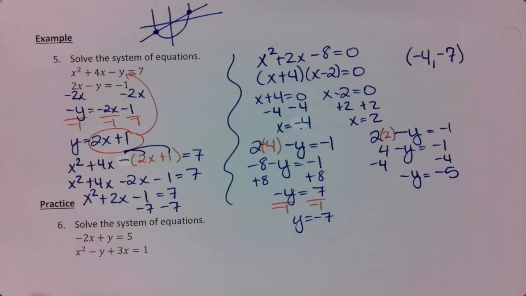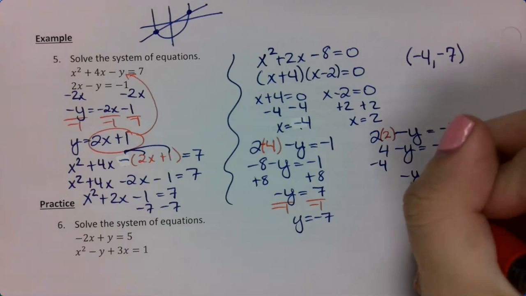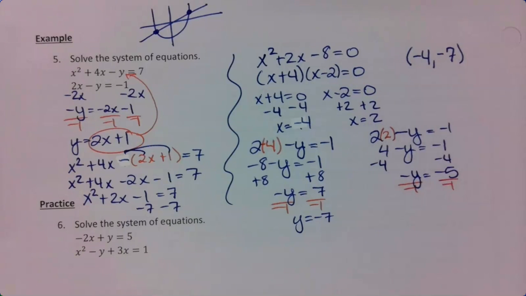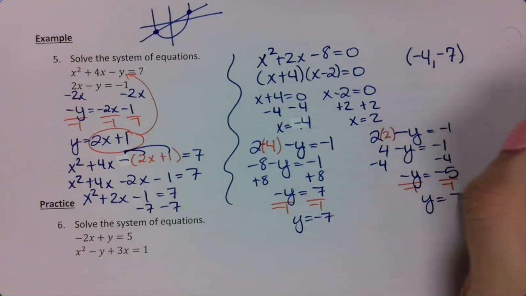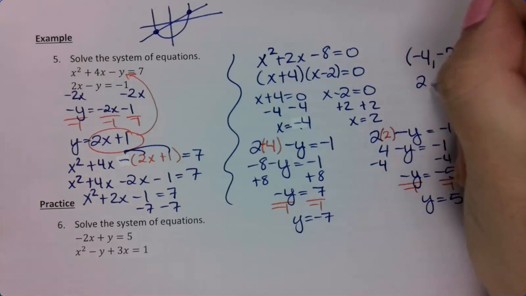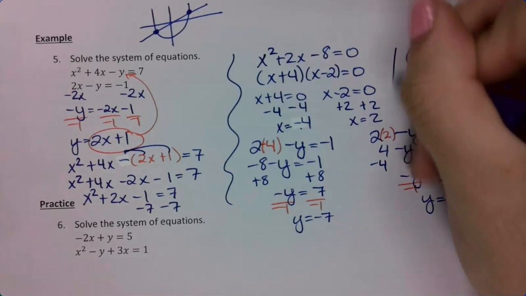And then what do I want to do? So I get y equals 5. So my other coordinate point is 2, comma 5.